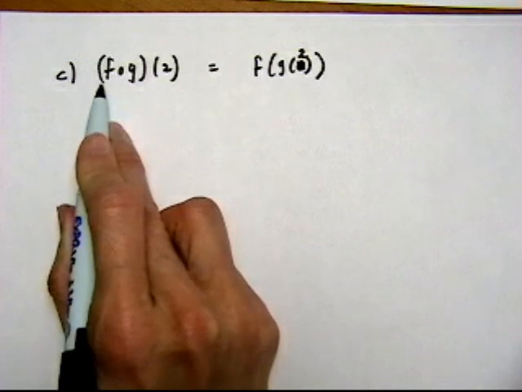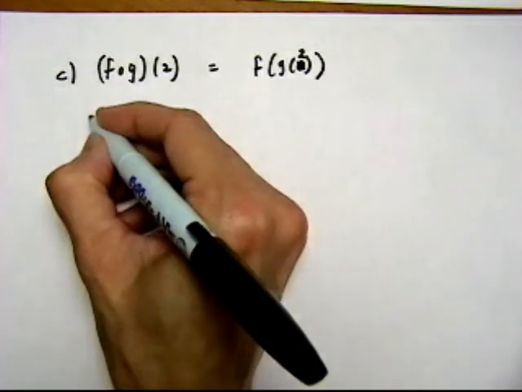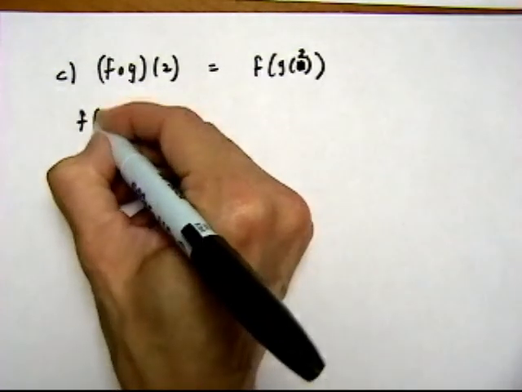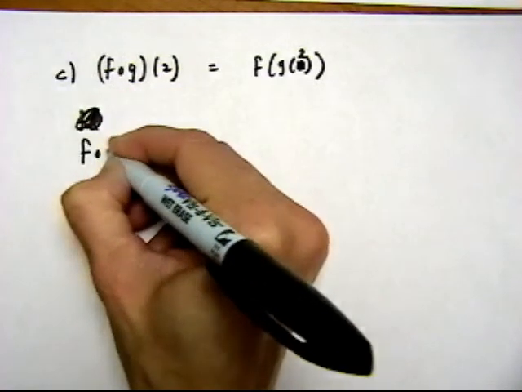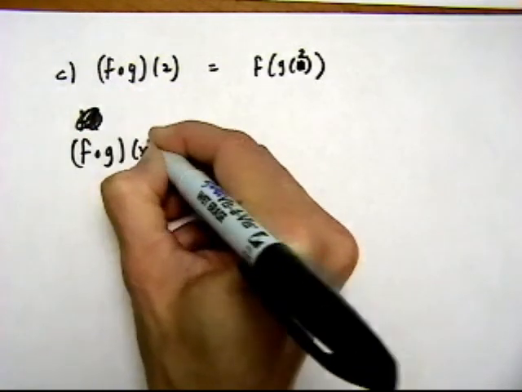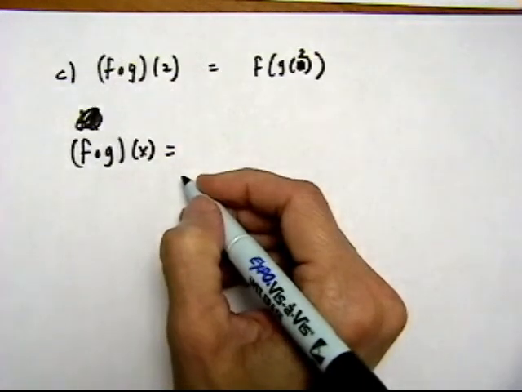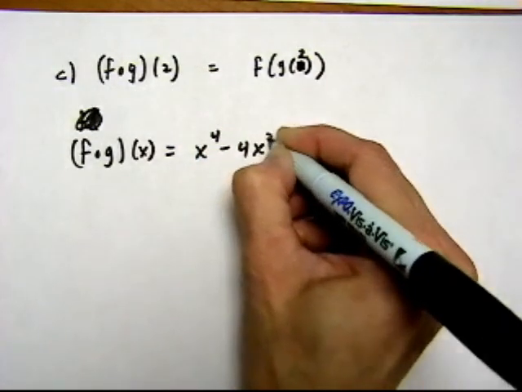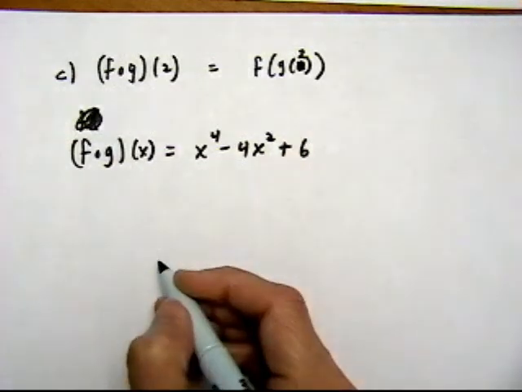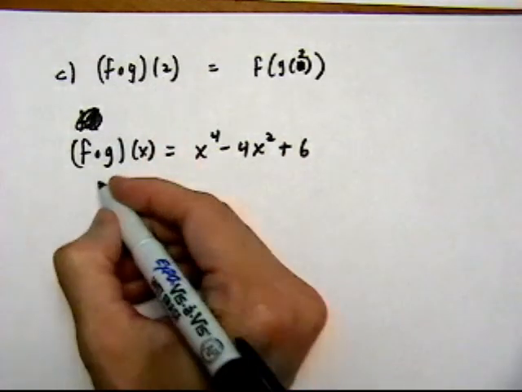Alright, so we can find this two ways. Let's take f of g of x that we found in part A. F of g of x is equal to x to the 4th minus 4x squared plus 6. And now we want to find f of g of 2.